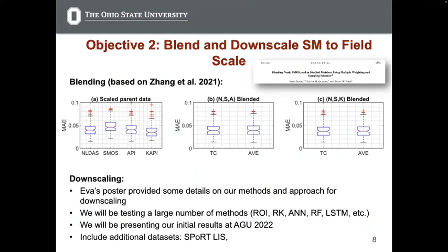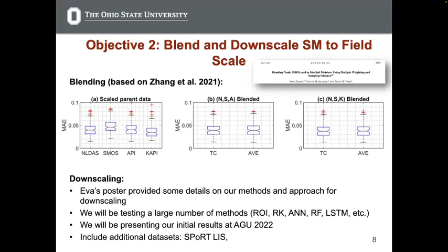And so that's another thing that we tested and validated and that we'll be improving on with this project. Finally, what we'll show at the AGU, so I'll just highlight it as kind of an advertisement, is that we want to demonstrate and compare the value of different approaches for downscaling these data to field scale.